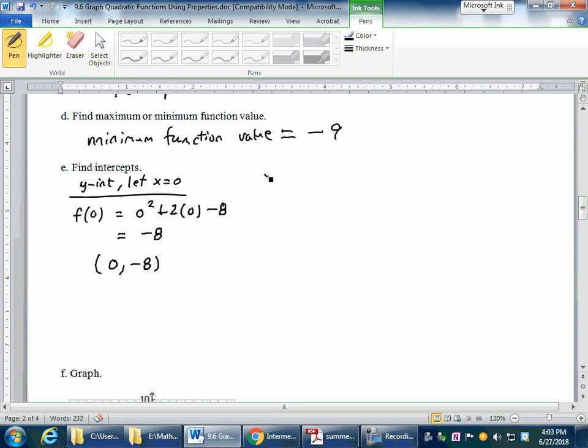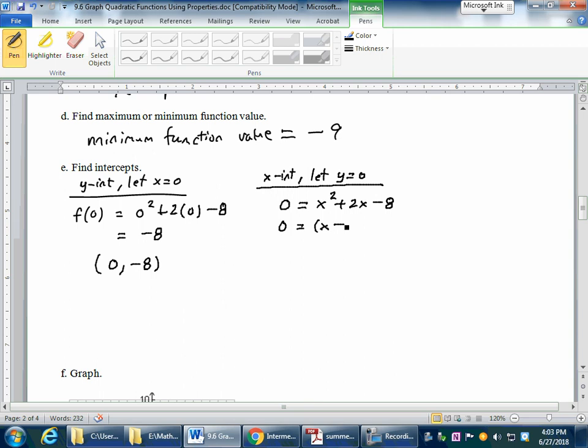Then we want to find the x-intercept. For the x-intercept, we let y be equal to 0. When y is equal to 0, that means f of x is equal to 0. So it will be 0 equal to x squared plus 2x minus 8.